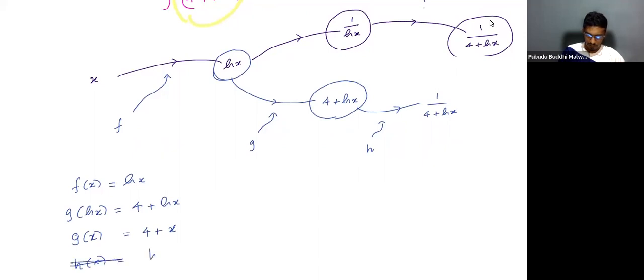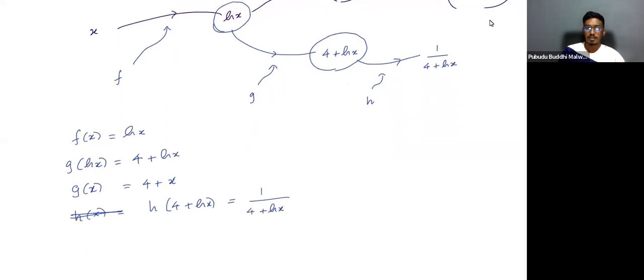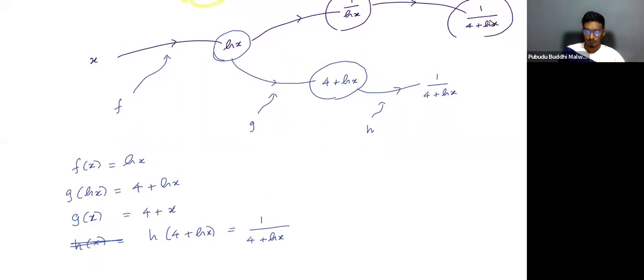Let me write like this. h of 4 plus natural log of x is 1 over 4 plus natural log of x. Hence, h of x is 1 over x, because this entire thing acts like x, right now, because that's the input.